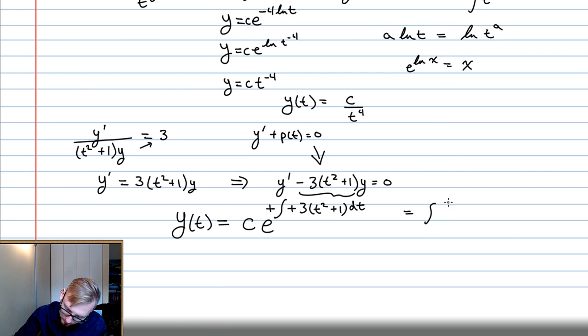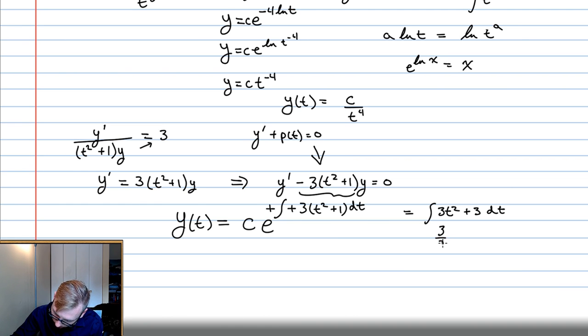I'm going to split it up, make it a little easier. So we've got 3 times t squared, and we'll just continue distributing the 3. So we've got plus 3 dt. Which then equals... Well, the integral of t squared would be t cubed over 3. So then the 3's would cancel out.